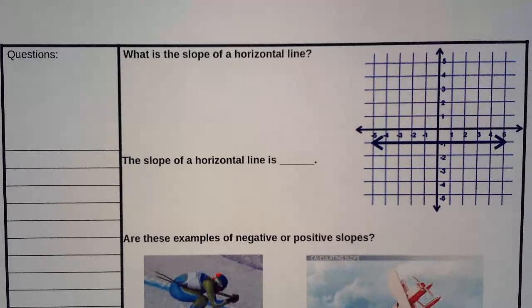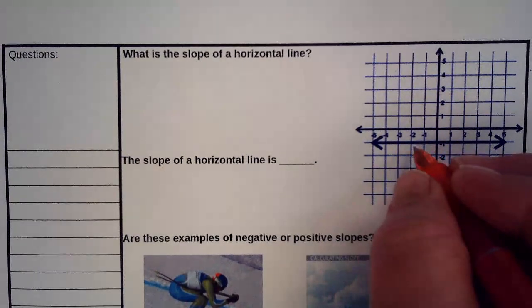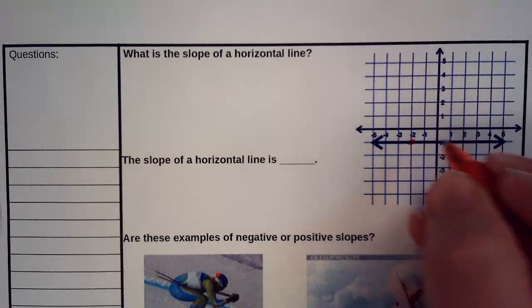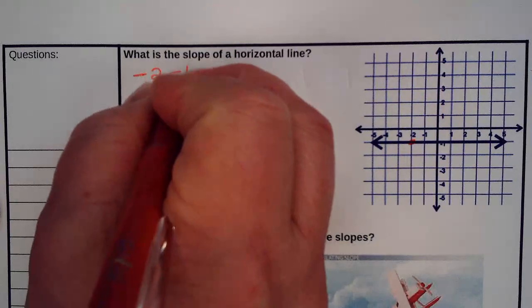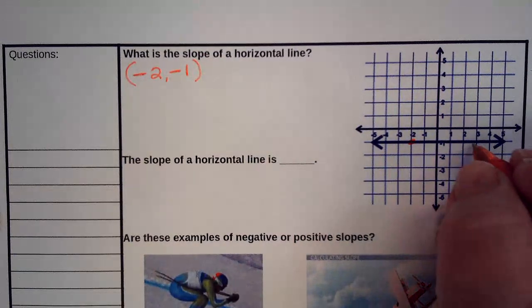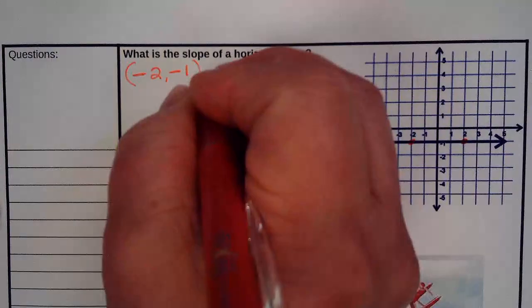Okay, the slope of a horizontal line. Well, if the slope of a vertical line is undefined, what do you think is going to happen with the slope of a horizontal line? Because horizontal and vertical are kind of opposites. What do you think will happen? Well, let's look at 2 points. This is (-2, -1) and this one is (2, -1).